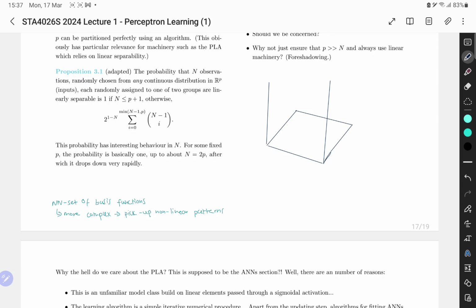Yes? You spoke about taking the max of the three outputs. Why the max? It's got to do with how the planes are rotated. So in this input space, let's say the threshold is on this dimension. If you have a plane going like this, another plane going like that, and another one going like this, then on that side this plane is highest, and on that side this plane is highest.